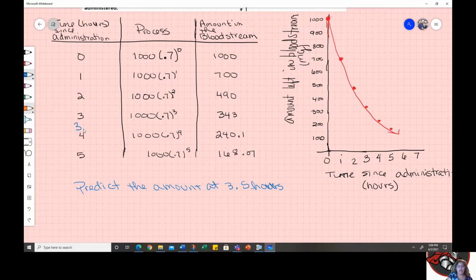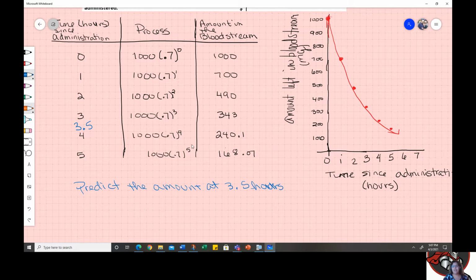3.5 hours would be halfway between 3 and 4. If we look at 343 to 240, and we wanted to just estimate, maybe about 290-ish. I'm not going to write it in there yet until we have an actual value.